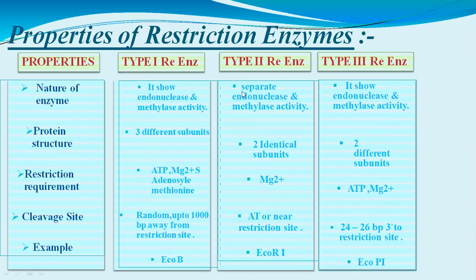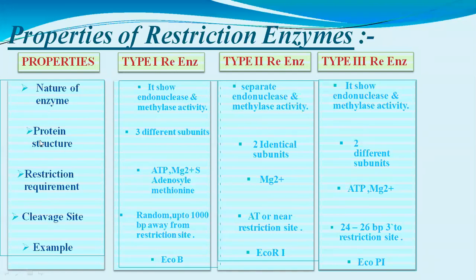Type 2 has separate endonuclease and methylase activity, whereas type 3 shows endonuclease and methylase activity. So most of them have the same nature of the enzyme. They will have one endonuclease subunit and one methylase unit. Methylase unit will be methylating the DNA, and endonuclease will be cleaving the DNA.